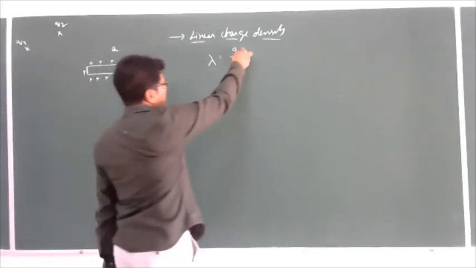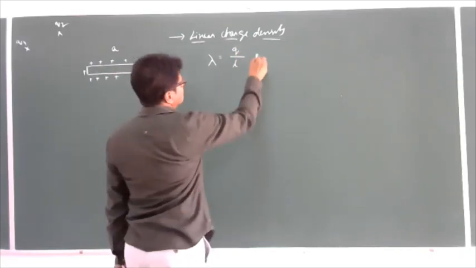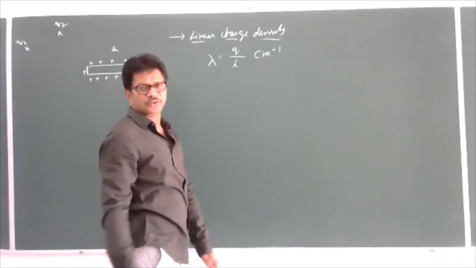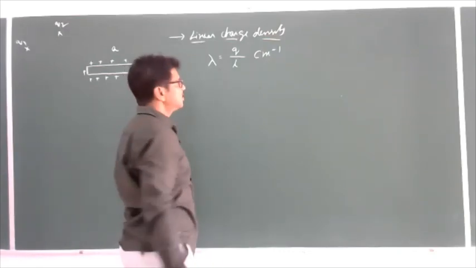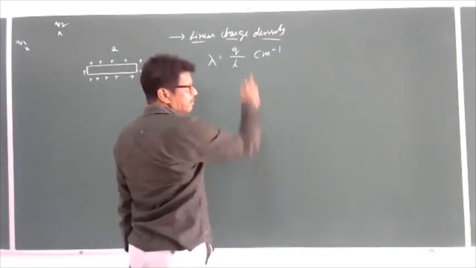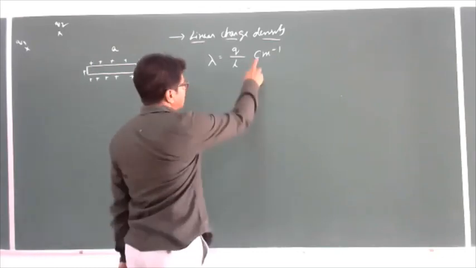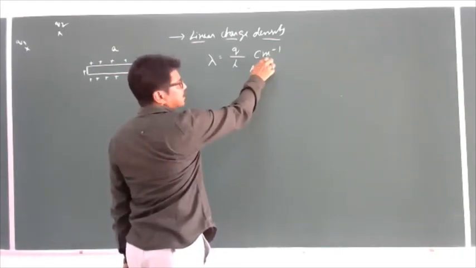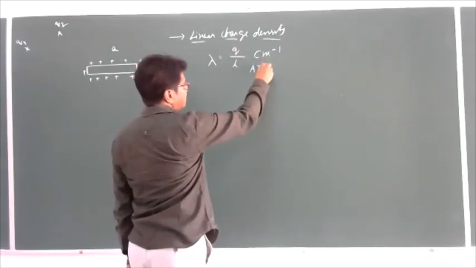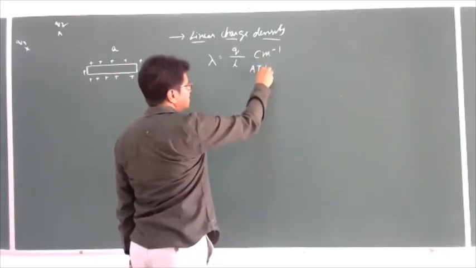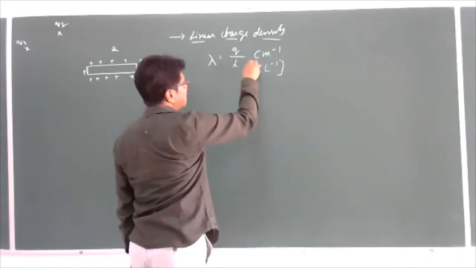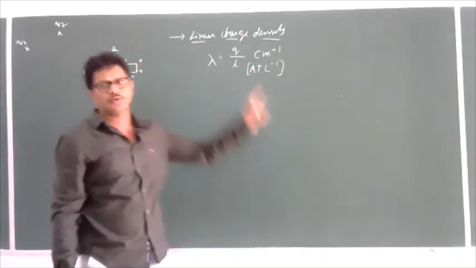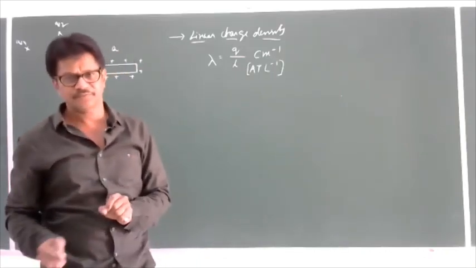Its unit is Coulomb per meter. And its dimensional formula: the dimensional formula for Coulomb is AT, and the dimensional formula for meter represents length. So ATL^-1 is the dimensional formula of linear charge density.